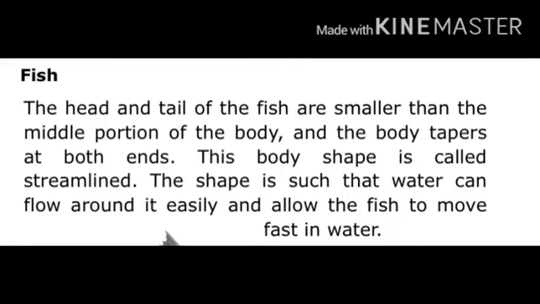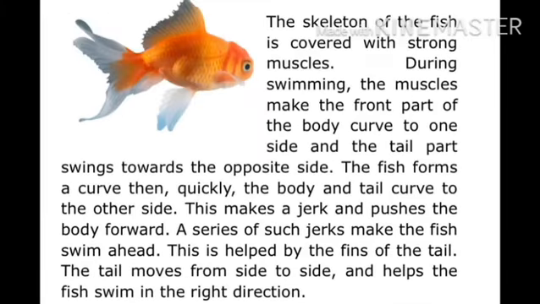The shape is such that water can flow around it easily and allow the fish to move fast in water. This streamlined shape is also used for many purposes, like in the shape of an aeroplane, and in the shape of a car from the front. The skeleton of the fish is covered with strong muscles.